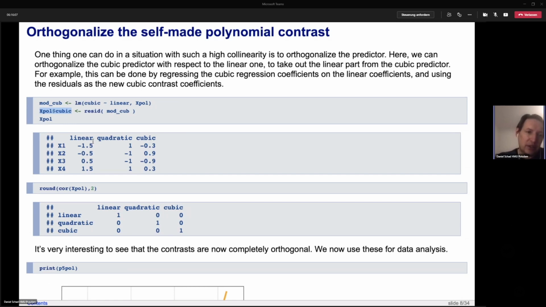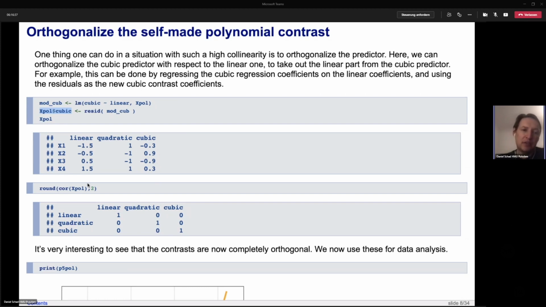So this is what it looks like. The linear effect still goes from negative 1.5 to plus 1.5. The quadratic effect hasn't changed: 1, minus 1, minus 1, 1. But the cubic effect now looks very different. These are now the residuals. This is what the cubic effect is when you take out the linear component of it. And we see it's here minus 0.3, plus 0.9, minus 0.9, plus 0.3. There's no increase or decrease in this anymore.